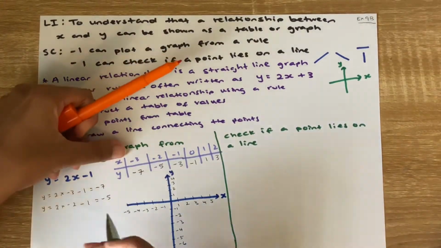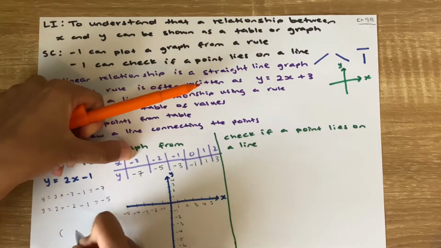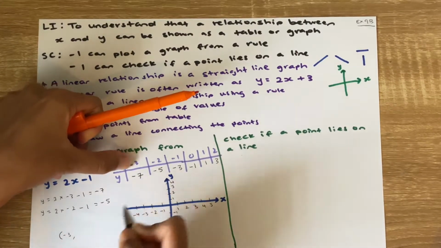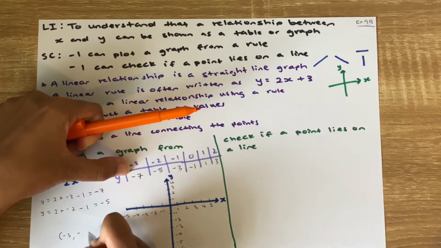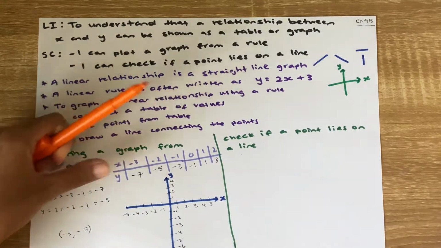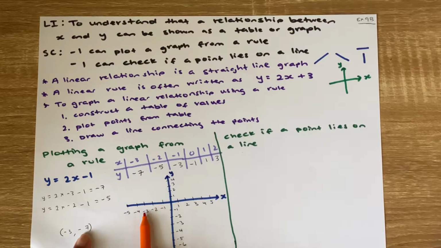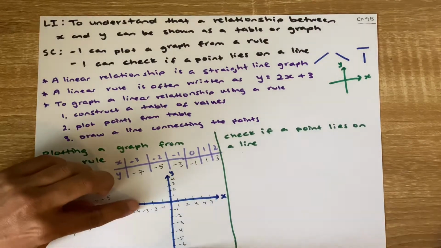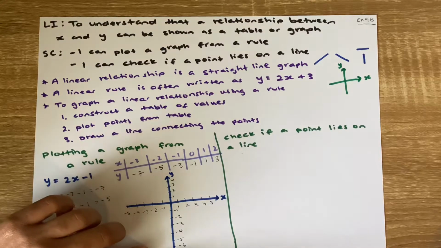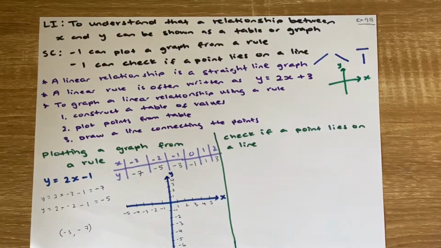So remember, when I write my coordinates, I write my x first, so -3, and then my y second, so -7. So this coordinate on the graph, I would go x value -3, y value -7, which when I match them up will be over here, and I draw my dot.